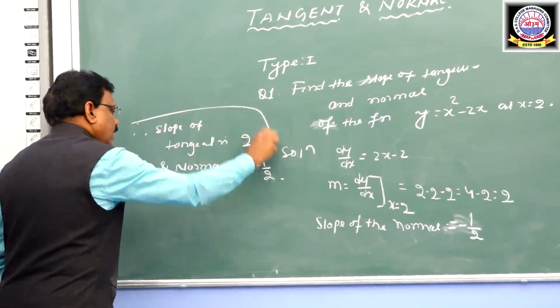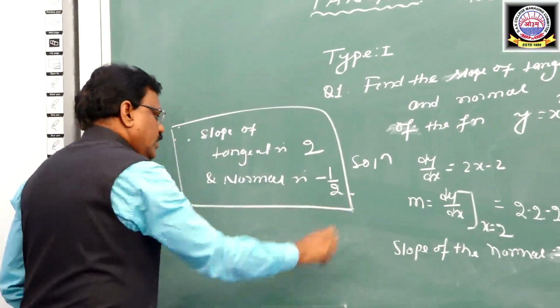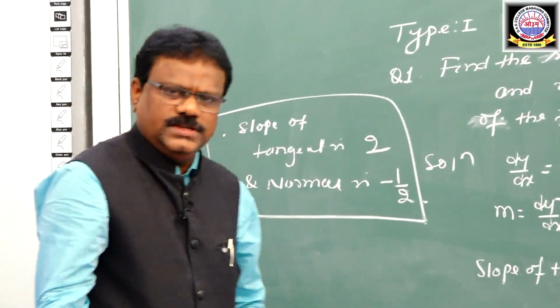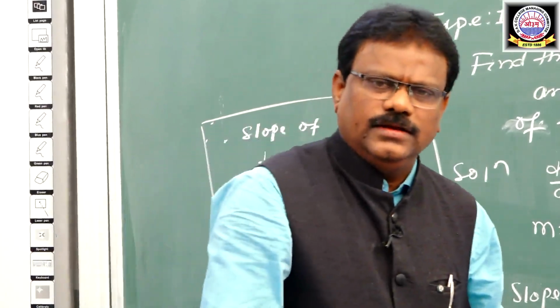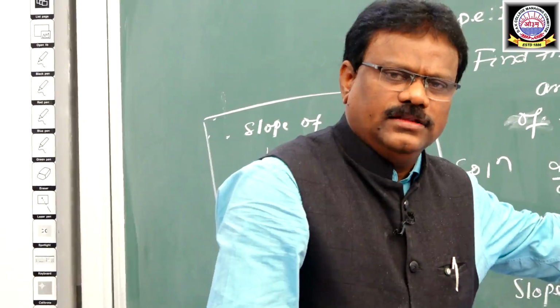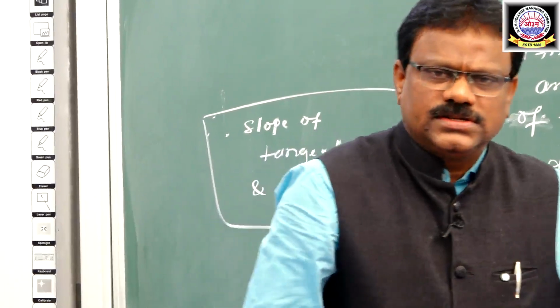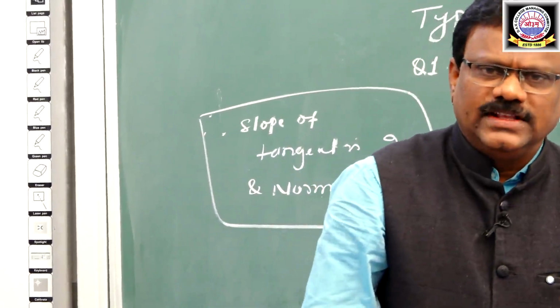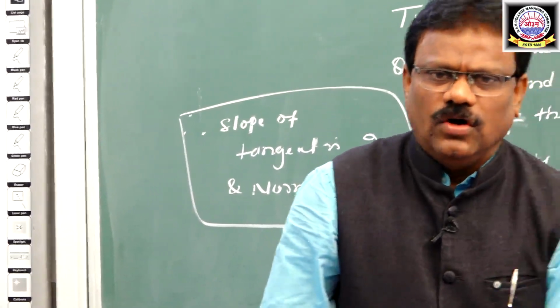So this is the answer. So here you can get 2 marks. Very simple. Only to find out the derivative and the point is given to us. So the slope of the tangent and a normal is done.